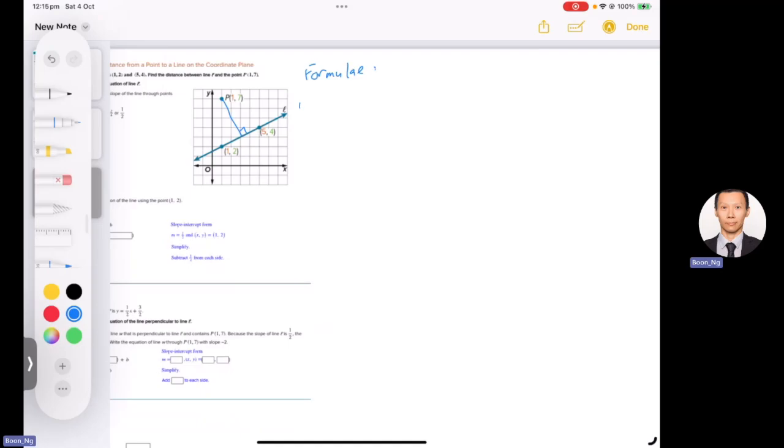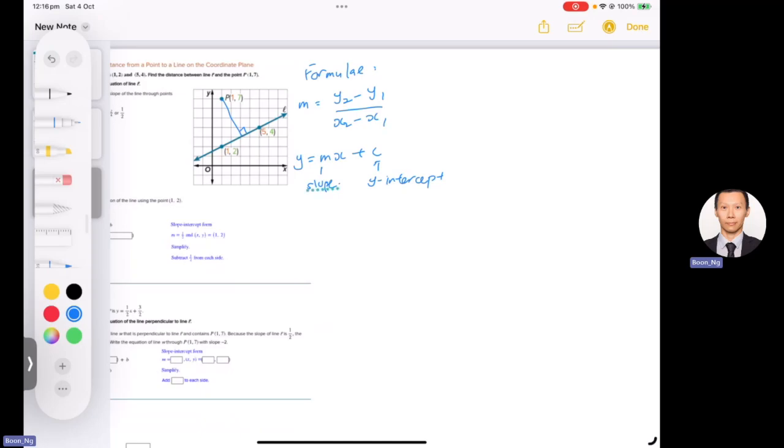Of course, we will be using slope, which is y2 minus y1 over x2 minus x1. Second formula, we learned from the last section: y equals mx plus c, where c is the y-intercept, x is x, y is y, and m is slope.